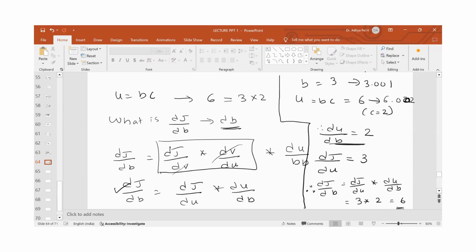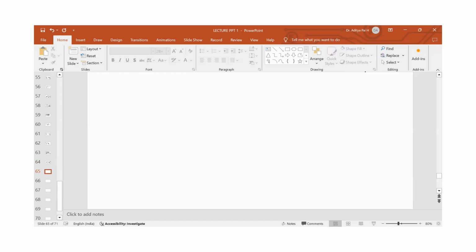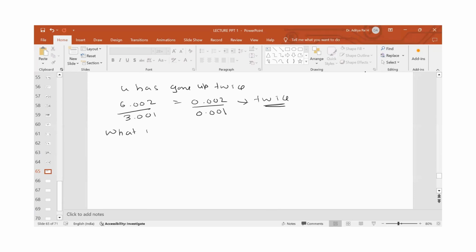So now you can know that u has gone up twice, that is 0.002 divided by 0.001, which is twice, it has been increased. So what is dj by du, which is already 3?